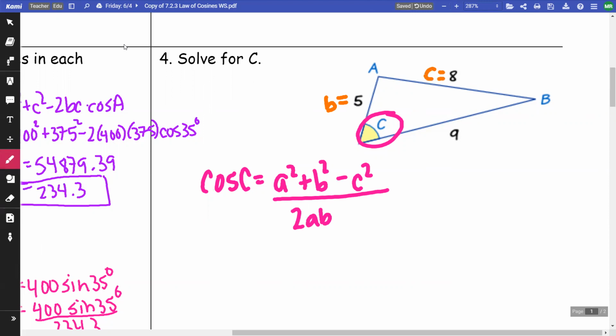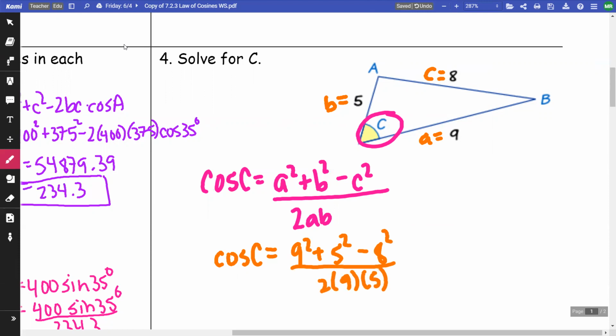This 8 is across from angle C, so that's little c. And little a is going to be 9. So I'm going to have 9 squared plus 5 squared minus 8 squared over 2 times 9 times 5.